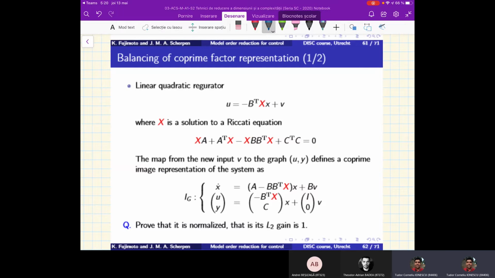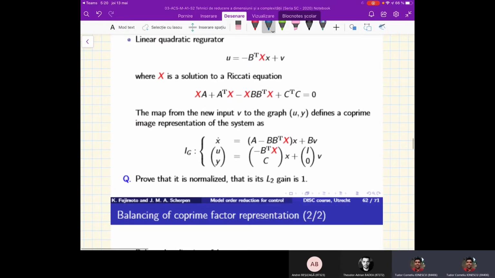And you studied this linear quadratic regulator in that class. So the map from the new input V to the graph defines a coprime image representation of the system in this form. This is the coprime representation. Notice that the use of the linear quadratic regulator gives you a stable system.